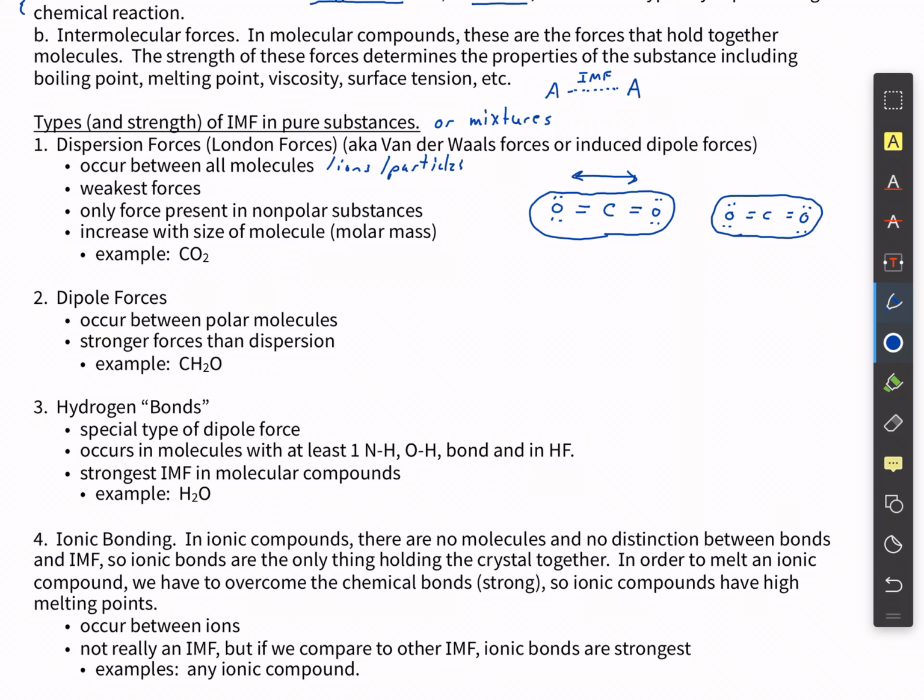You can sort of think of the electron cloud like a water balloon, so to speak. And on average, the water, or the electrons in this case, is not sloshed towards any one side over any other, but at any given instant, it could be. And so, at any given instant, if the electrons are shifted further to the right than they are to the left, this will create a temporary induced dipole.